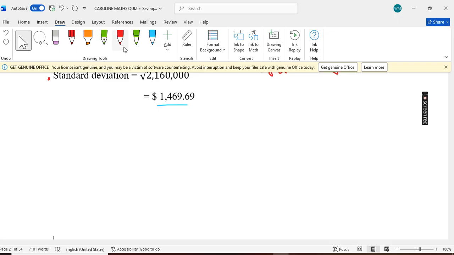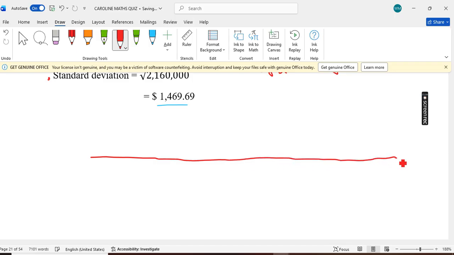So let's visualize what is being said here. Our average profit is 800. Remember, standard deviation is how far the points are from the average. So our average is 800, and to the right you're going to say 800 plus 1,469.69.